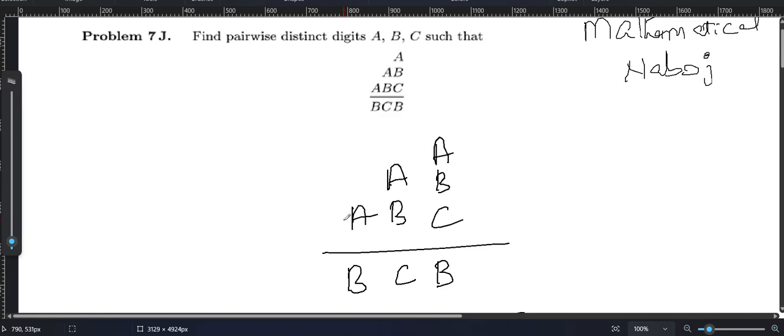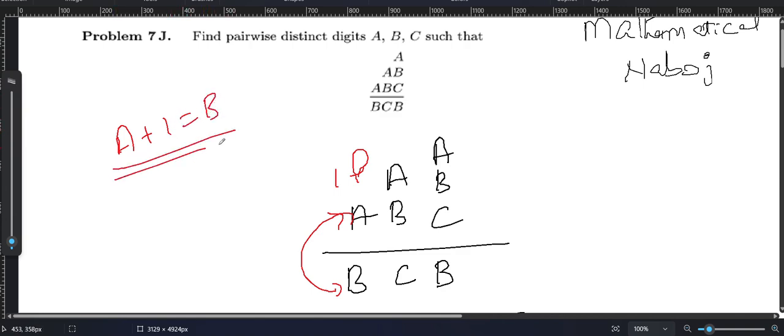If we observe carefully, here A is getting transformed to B. Something is getting added to A and it is producing B, so definitely a carry is coming over A, that is 1. So A plus 1 happens to be B, meaning B is 1 greater than A. That is the first conclusion which we can draw.